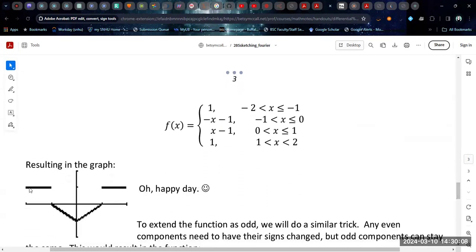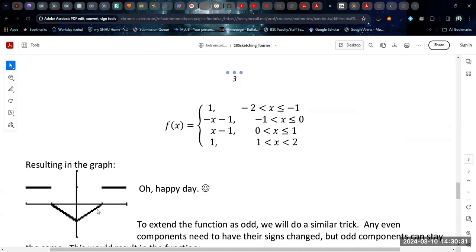And so we would have to extend the constant over here. It would also have to be extended on the interval from -2 to -1. So this is what we would get here. The 1 is even already because it's a constant, so we would extend that from -2 to -1.